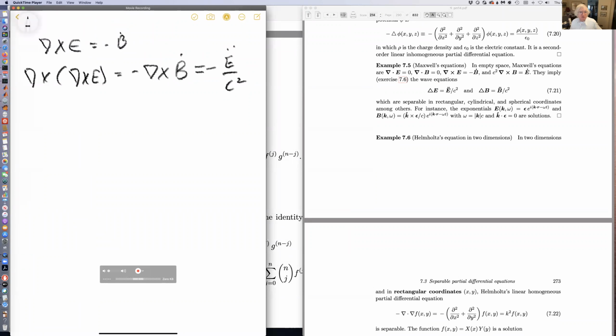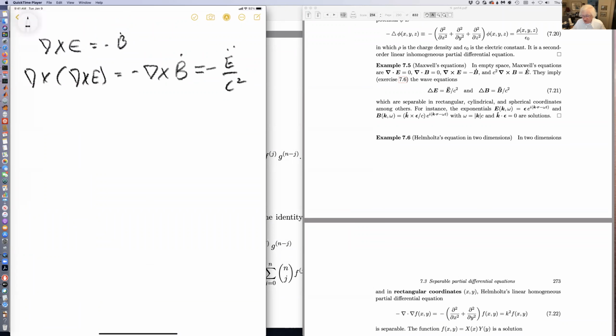So now what we do is we use the fact that the curl of curl of E is actually the gradient of the divergence of E minus the Laplacian of E. And Laplacian of E is simple in rectangular coordinates. You just hit E_x, E_y, and E_z separately with the Laplacian. And so now we have this expression. On the other hand, the divergence of E is 0 because we're in empty space.